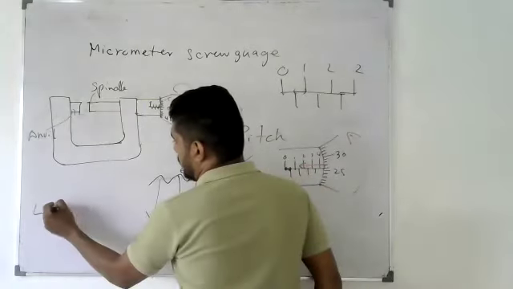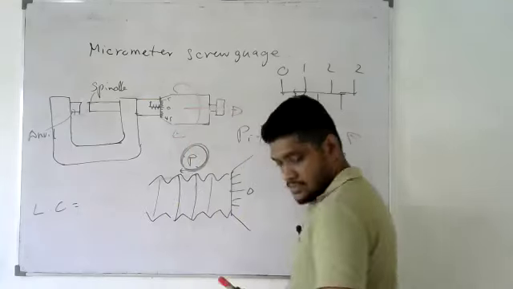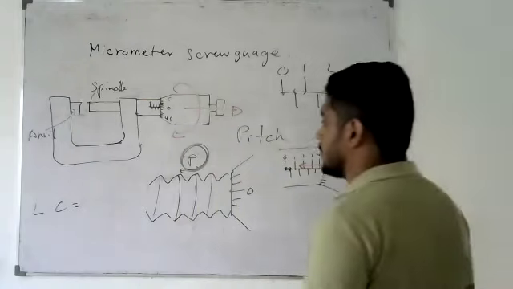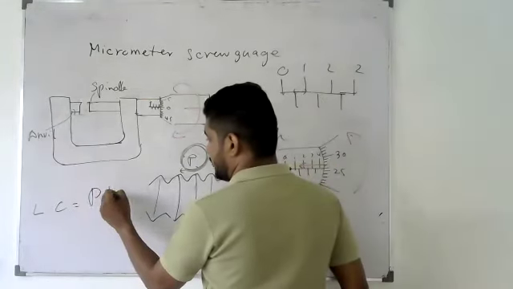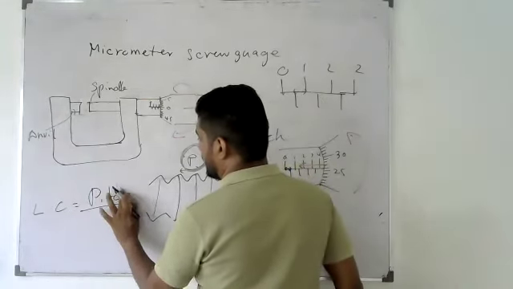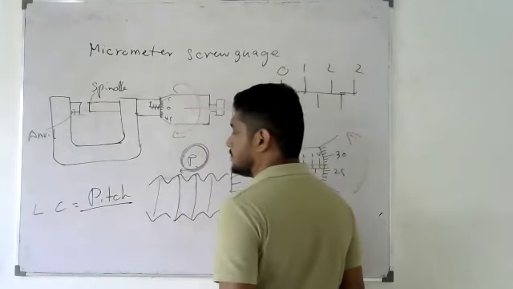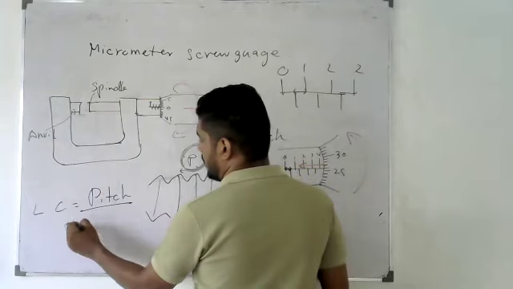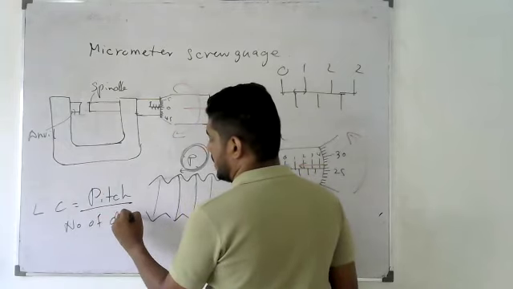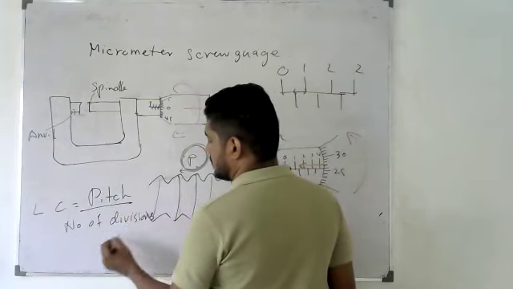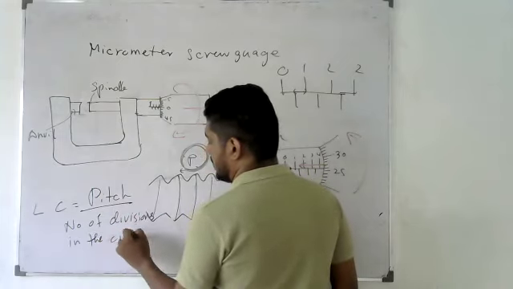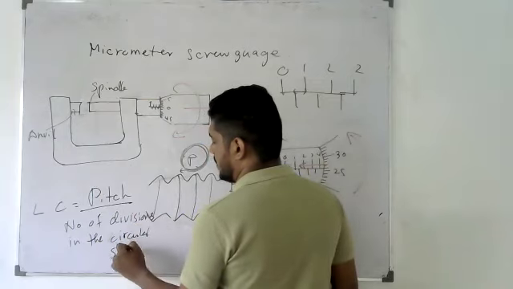So the least count is pitch divided by number of divisions in the circular scale.